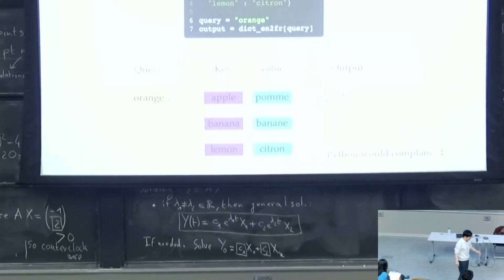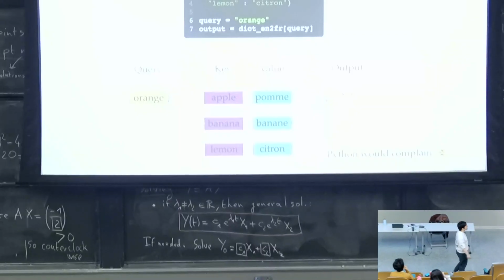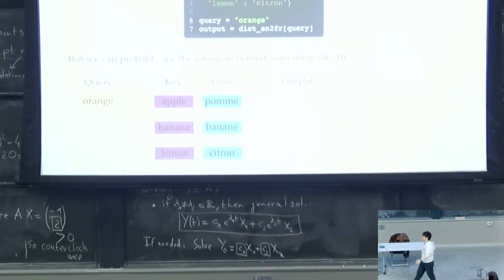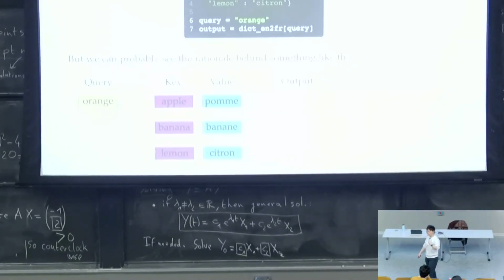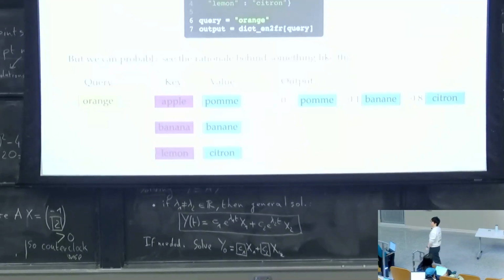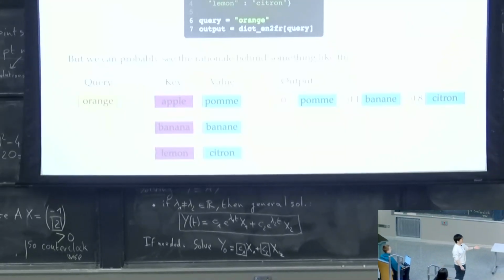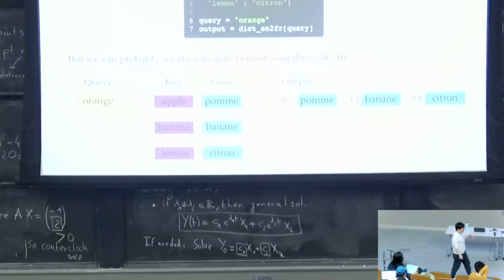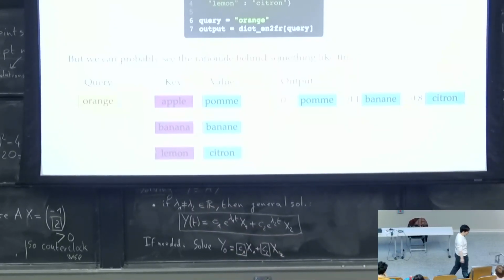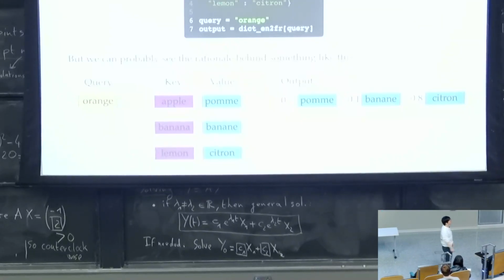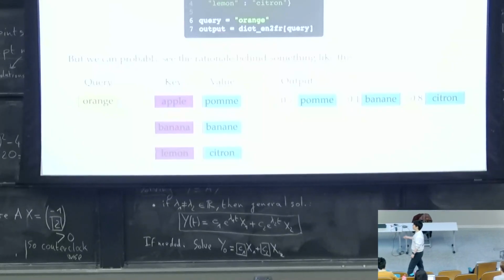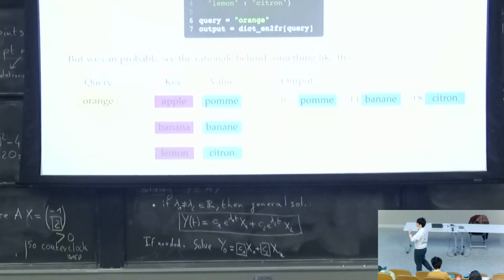Well, a dumb dictionary lookup such as Python's hard-coded dictionary would complain, but you and I, with our human intelligence, could all nod along with an answer that merges together a bunch of French words. So maybe the French translation for orange, based on the available information from this dictionary, would be a 10% merge of the French translation of apple, 10% of the French translation of banana, and 80% of lemon because it's most similar to orange.